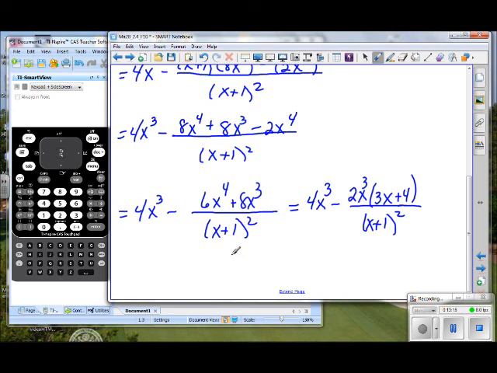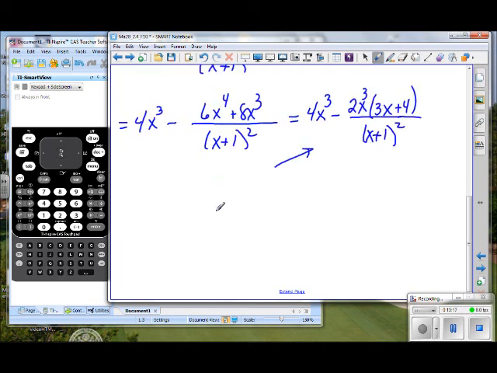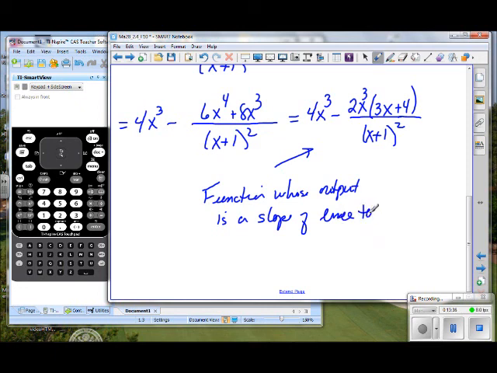Now remember, what we have here is a function whose output is a slope of a line tangent to a curve at a point.